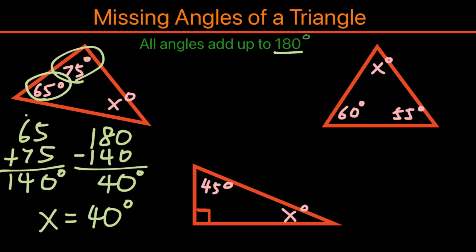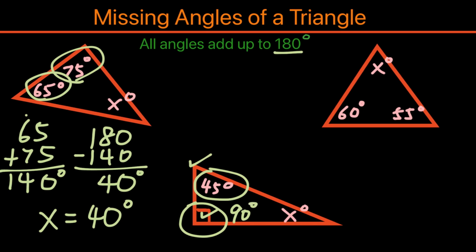Now let's look at the second example here. This example has a 45-degree angle and one of these angles. Now anytime you see an angle like this, it means that it's a right angle. And the right angle is always 90 degrees.